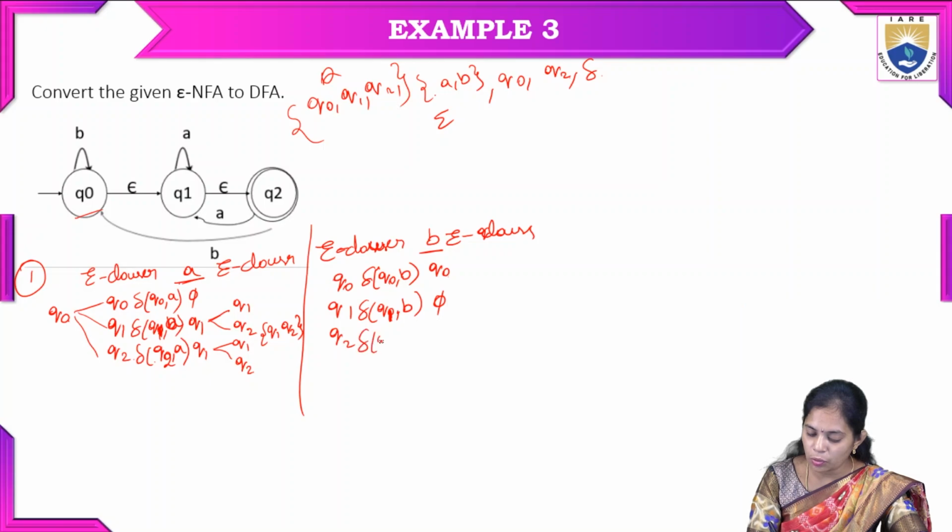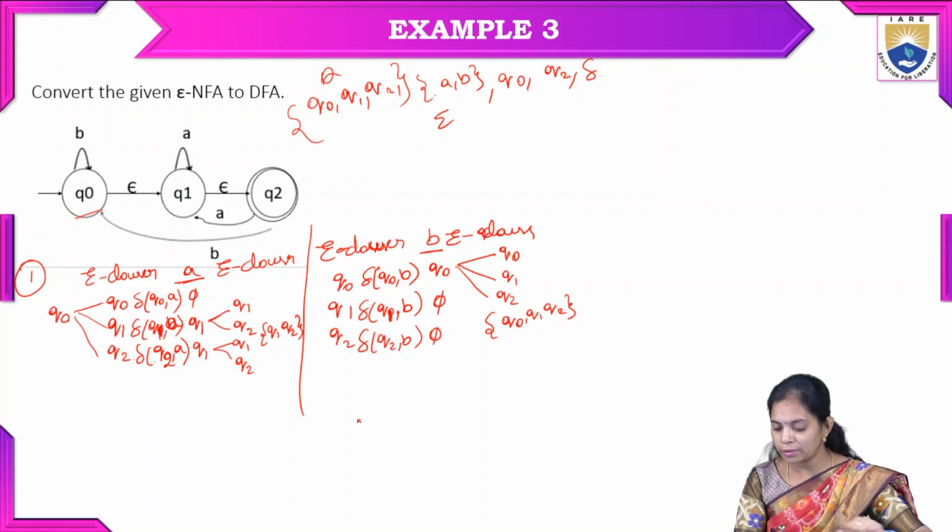Transition of Q2 on b: there is nothing. For Q0, the epsilon closure has the values Q0, Q1 and Q2, so the result is Q0, Q1, Q2.